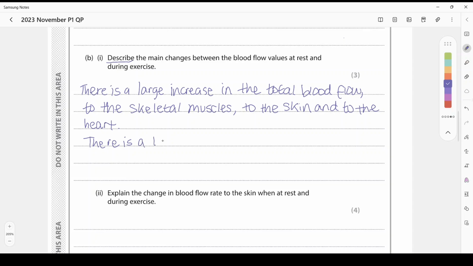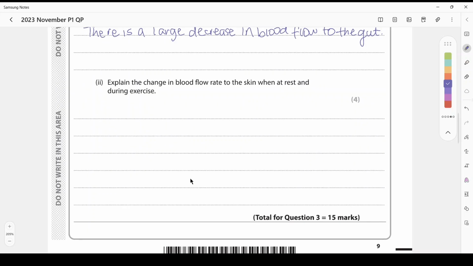There is a large decrease in blood flow to the gut.